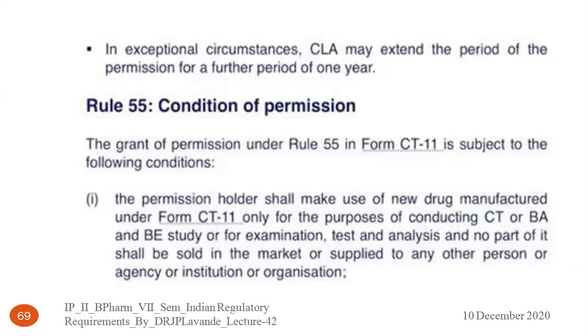The very first condition: the permission holder shall make use of new drug manufactured under form CT11 only for the purposes of conducting clinical trial or BA/BE study or for examination, test and analysis, and no part of it shall be sold in the market or supplied to any other person, agency, institution or organization.